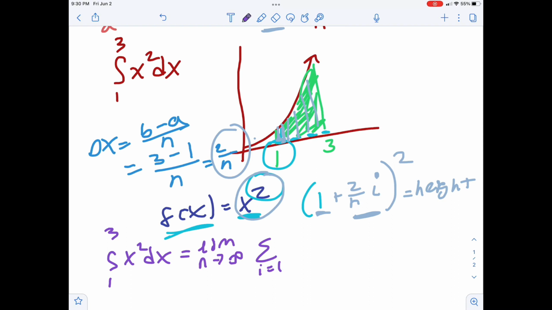So if this was 1 and 2, it's basically, well, n is going to infinity according to my limit, so it's basically 2 over 0 the first time, and then it just keeps getting bigger. And I do my height, which I just determined is 1 plus 2 divided by n times i, squared, and then I multiply that by my base because a rectangle is base times height. Well, that is equal to the definite integral of x squared between 1 and 3.